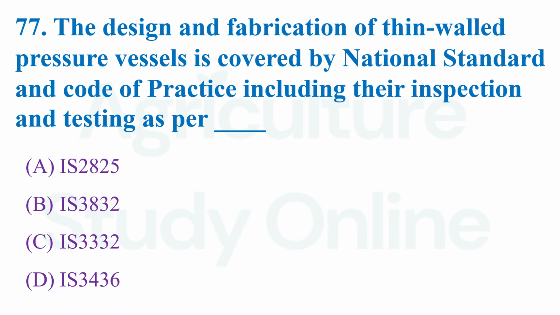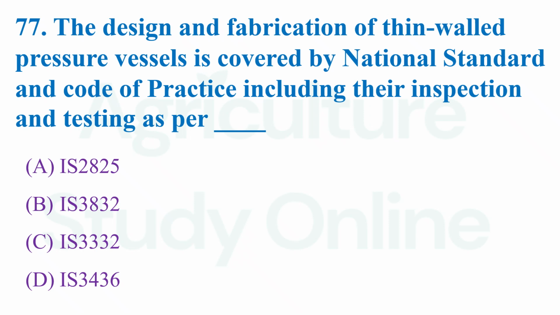Question 77. The design and the fabrication of thin-walled pressure vessels is covered by national standards and code of practice, including their inspection and testing as per. First one, that is IS 2825. So this code is used for unfired pressure vessels, so this is general.